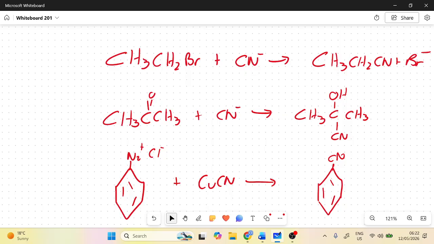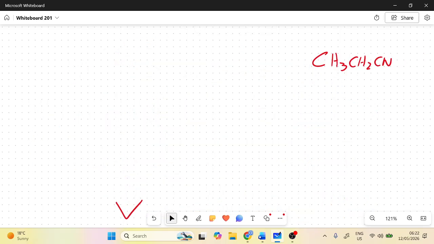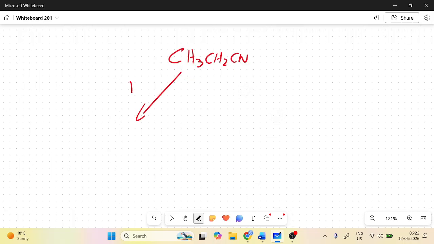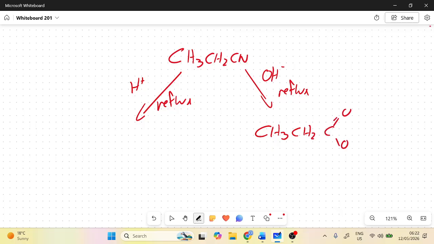Then you have the hydrolysis of the nitrile, either under acidic conditions or under basic conditions. Now, in MetSec, whenever you have schematics, they always give the basic one because they always give the salt. And then you add H plus to get to the acid.